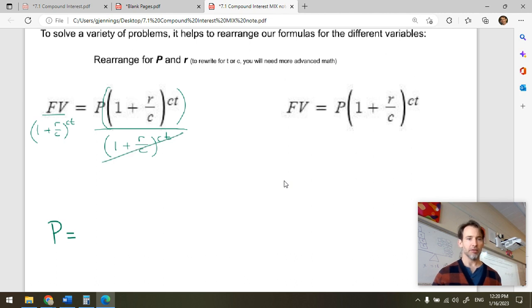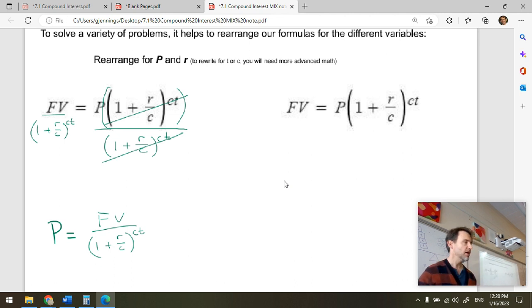Because this divided by that is just 1, so it cancels. And so we have P equals future value divided by 1 plus r over c in brackets raised to the power ct. And that's the formula saying I need to invest this now if I know I want this much money at this interest rate with this compounding frequency for this long.